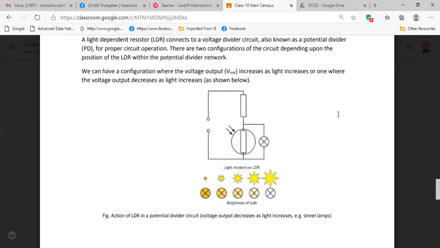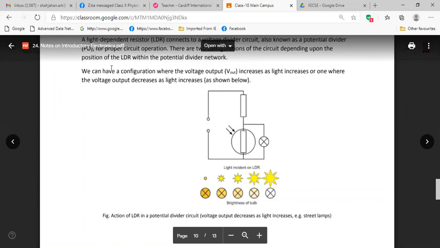So you write here: action of LDR using potential divider circuit. Are you writing?